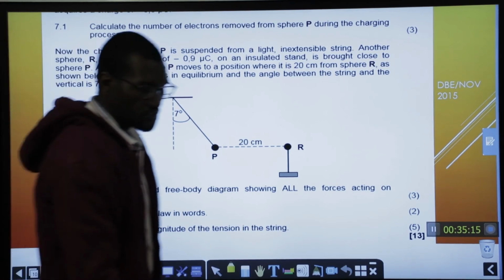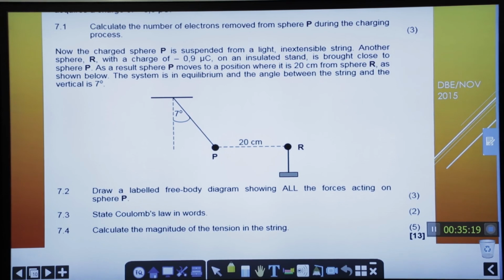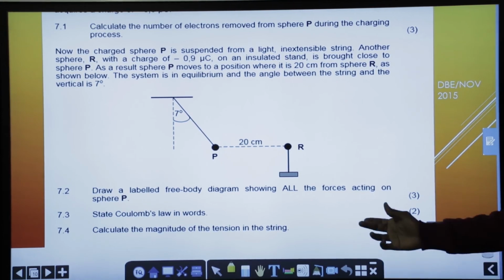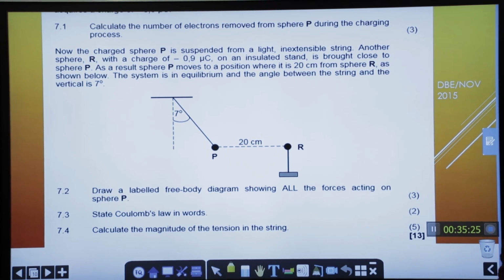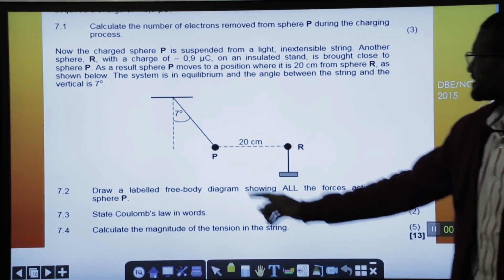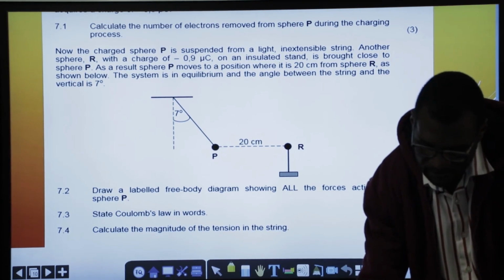This is a longer question. Let's pick it. The top part is not that clear. It is just simply showing you two spheres. One of them is dangling. All right, let me just read it off the laptop here.